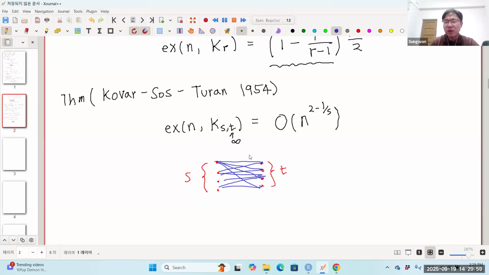That's why it's complete bipartite. So the number of edges should be n to the 2 minus 1 over s to remove this kind of graph in your entire graph.